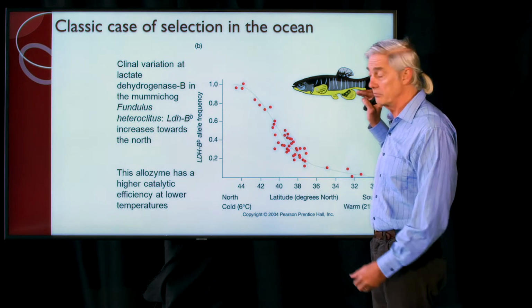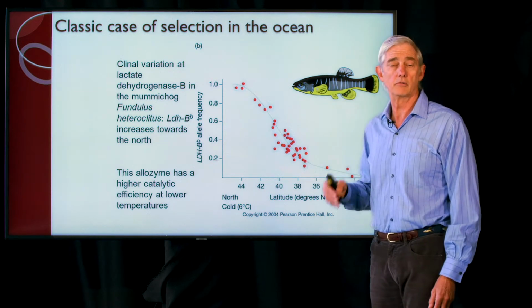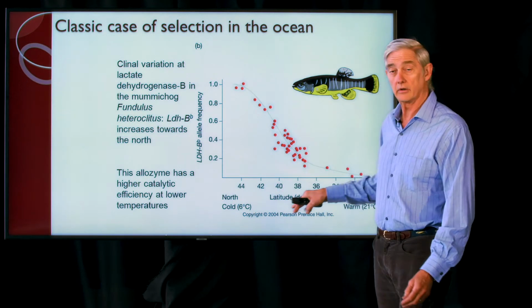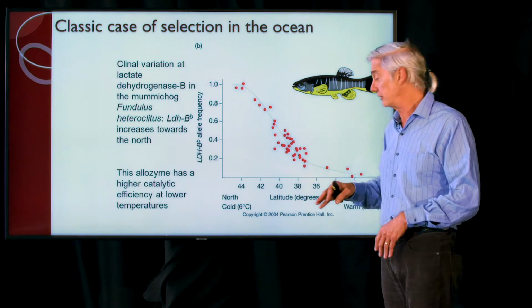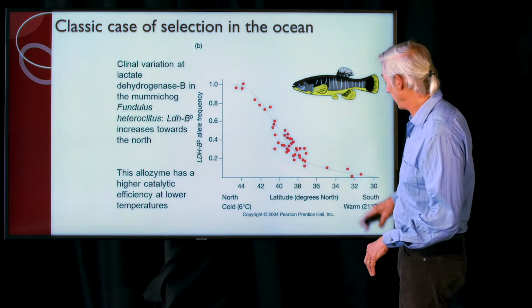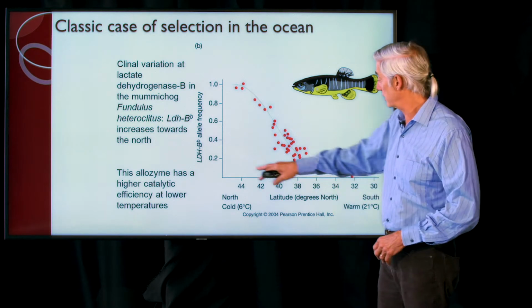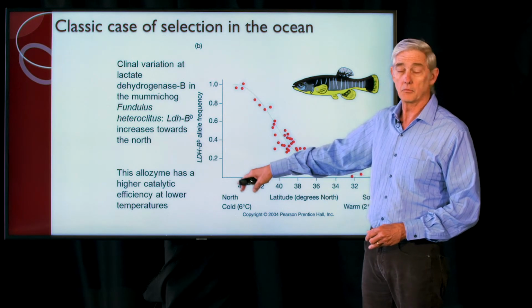This is a marsh minnow called Fundulus heteroclitus, or the mummichog. And on the x-axis here is the position along the east coast from northern marshes down to warmer southern ones, Georgia and Florida down here, Maine, Newfoundland, and up north up here.